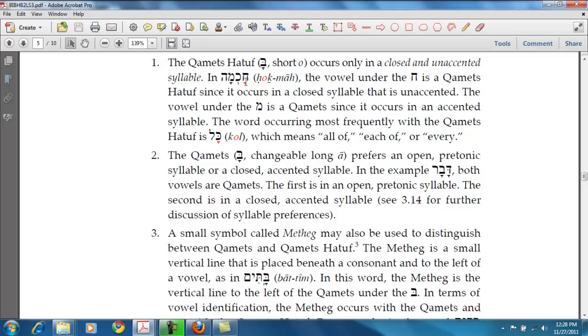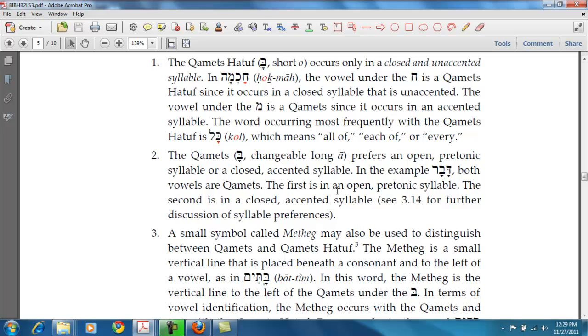When you see it in an unaccented syllable, that is usually the case, but not always. So that's why we're going to learn the next one here. The qamets also prefers an open pretonic syllable or a closed accented syllable. So, for example, in davar, both vowels are qamets.